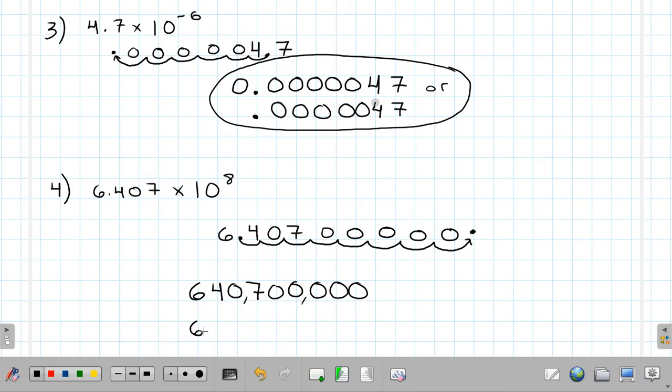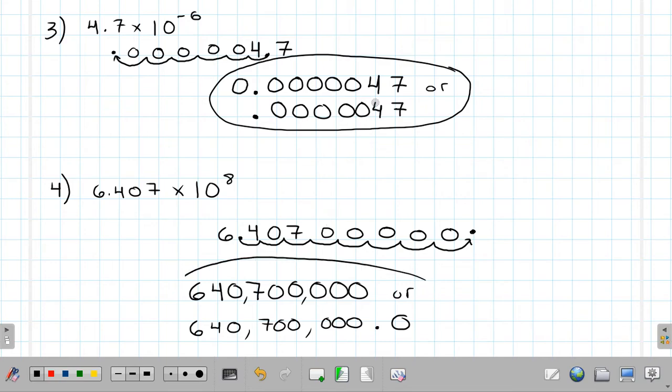But if you also wanted to write it like this, with the decimal 0, so you know where the decimal is, both of these work the same, okay? So just, like I said, if you do include the decimal, make sure you include a number after the decimal, so that way you know the decimal's in the correct place in terms of this is the ones place, this is the tenths place. Okay.